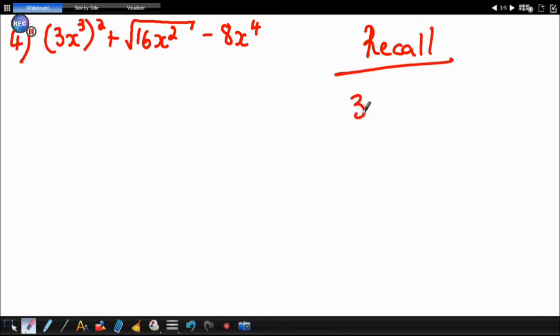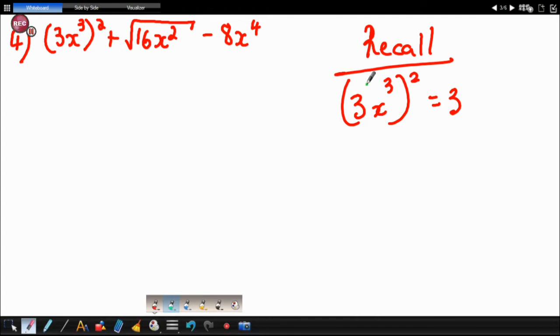Laws of exponents, we have 3x to the power 3 all squared. This means that we'll have 3, and in this case, we know that this has an invisible 1, the exponent there. So we can basically say that it's 3 to the power of 1 times 2.